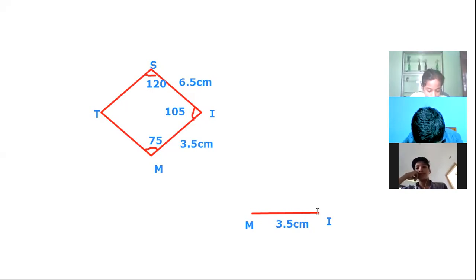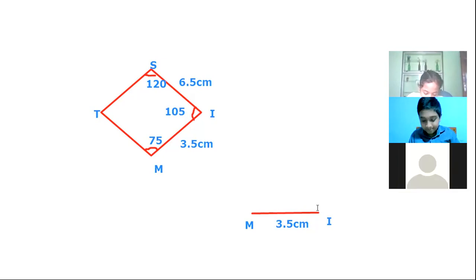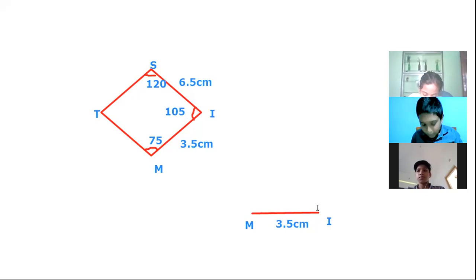Place your protractor on I. How will you place the protractor on I? You just adjust the base of the protractor according to the line MI. So you just have to place the 0 at I. And after placing this protractor at I, you just have to mark 105 degree.